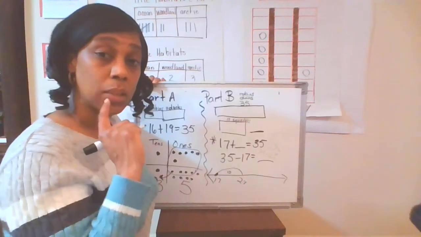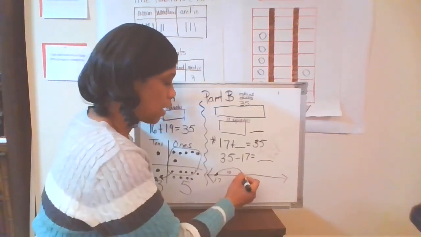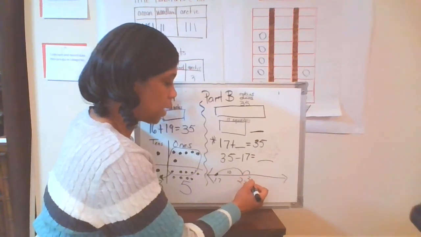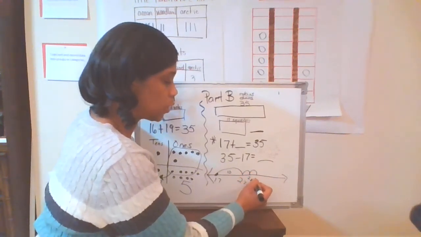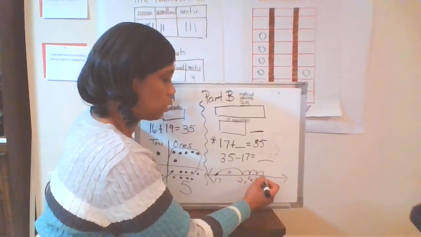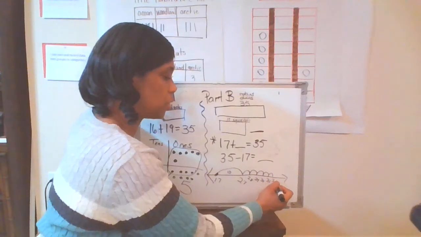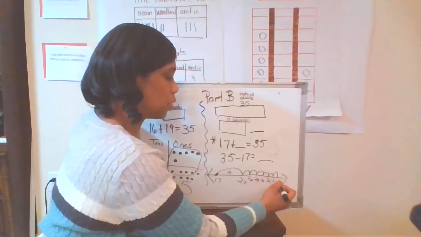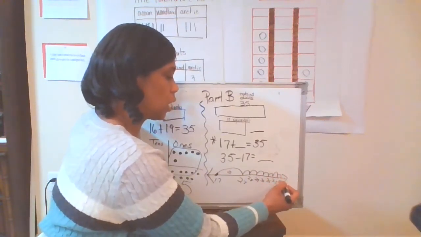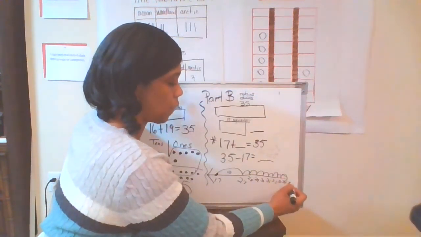So maybe I count by some ones. Let's do that. So if I'm at 27, I count one more, that's 28. Another one is 29. Another one is 30. Another one, 31, 32, 33, 34, 35.